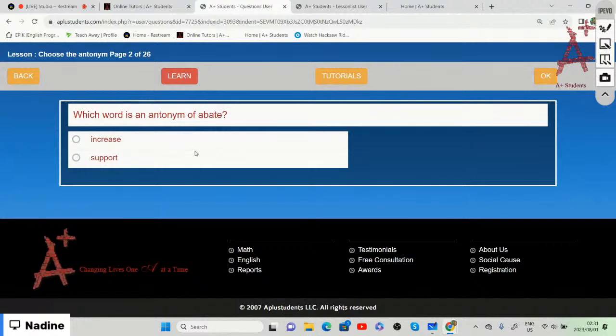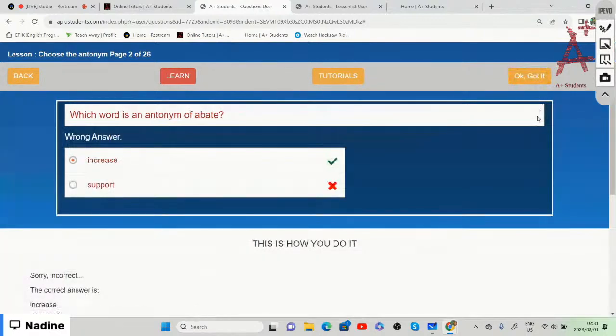Here we chose support. Abate means become less intense or widespread, basically less intense, remove or reduce.